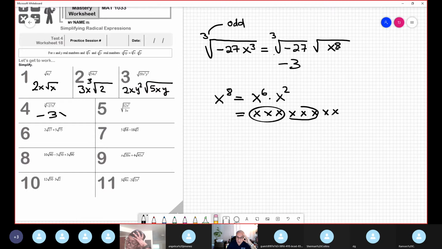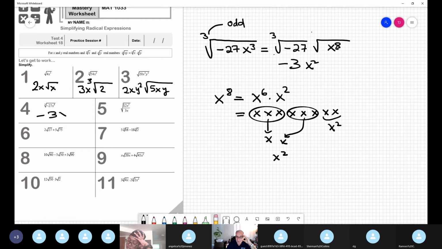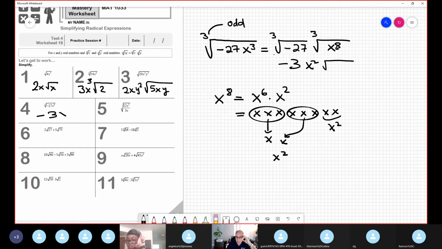This represents 1x outside, this represents another x outside, and the x's together make x squared. So x squared stays outside. So the answer is x squared times the cubic root of x squared.